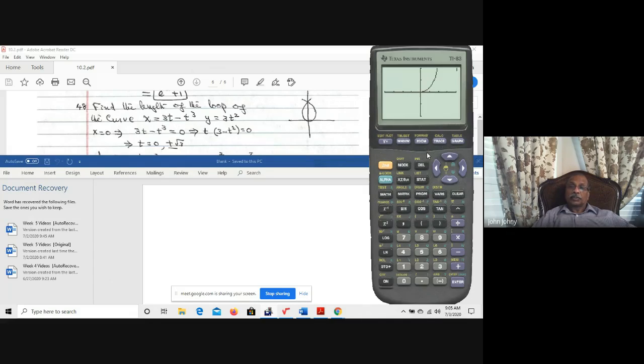Oh, you have to change the window. You have to use some negative value and some positive value for t. Negative 10 to 10 will be okay, and 0.1. And then negative 4 to 4.